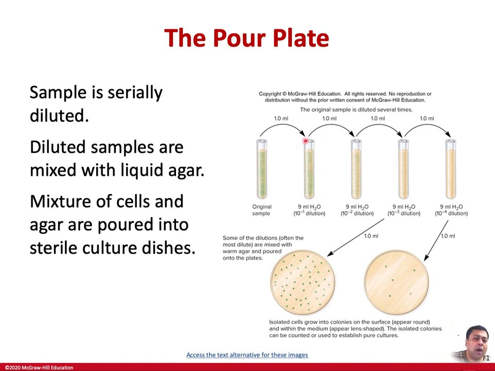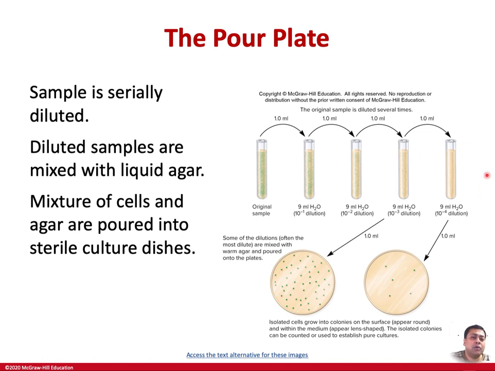This is your 1/10 dilution, or 10 to the power -1 dilution. Then again, you take 1 ml from here and put it right here. Now this becomes another 1/10 dilution. If you now do 1/10 into 1/10, you multiply that, it becomes 1/100 or 10 to the power -2 dilution, then 10 to the power -3 dilution, 10 to the power -4 dilution, and so on.